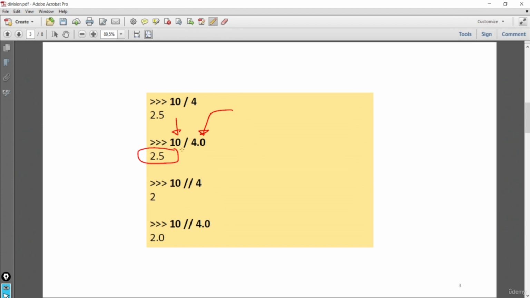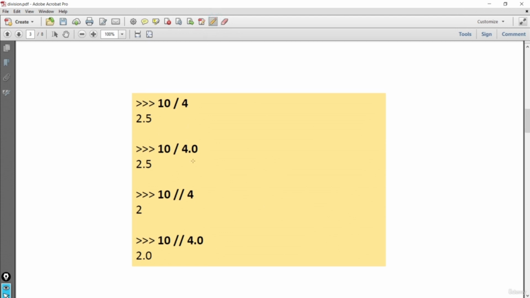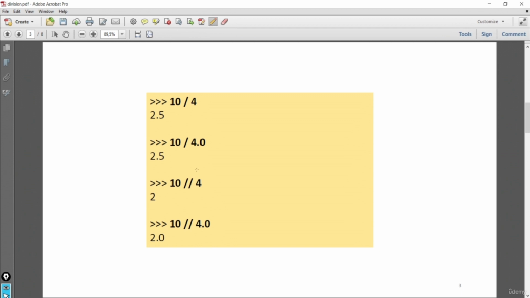The result is 2.5, it is a floating point number. So these are classical division operations. We have two division operations here. So the result is 2.5 for both operations.